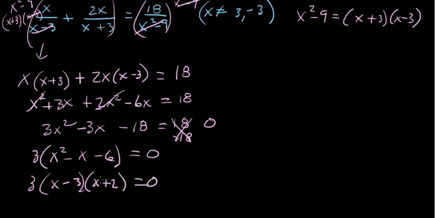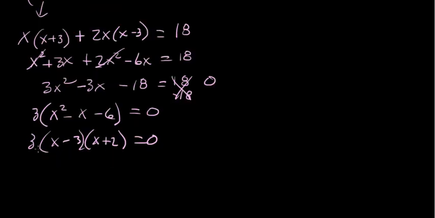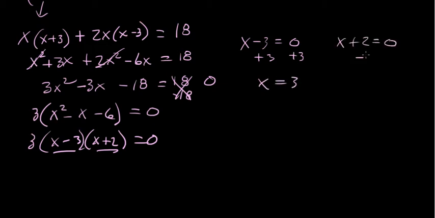So 3 cannot equal 0. So one of these two has to equal 0 in order for this equation to work. So x minus 3 equals 0, so x equals 3. Or x plus 2 equals 0, so x equals negative 2.